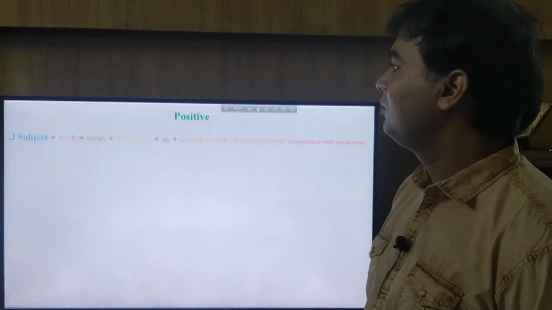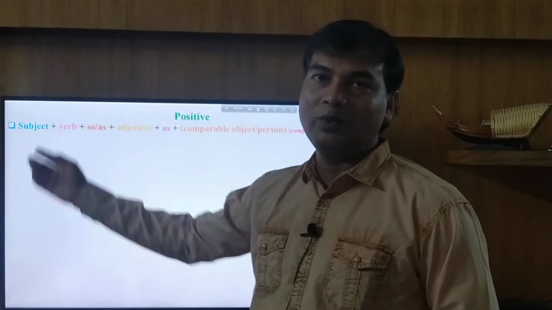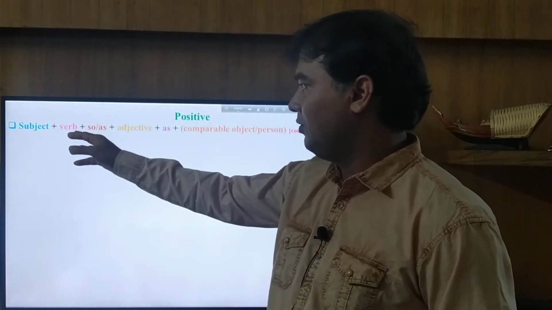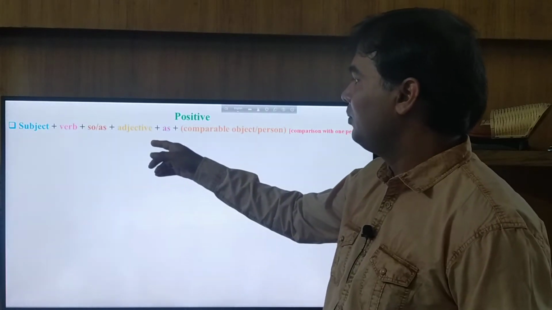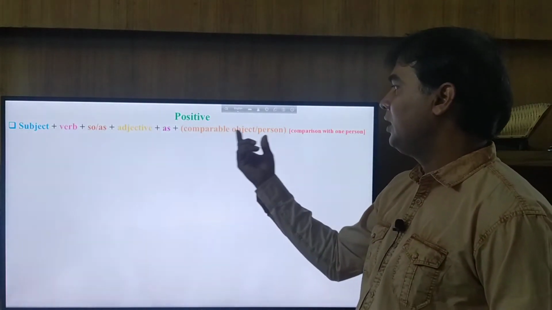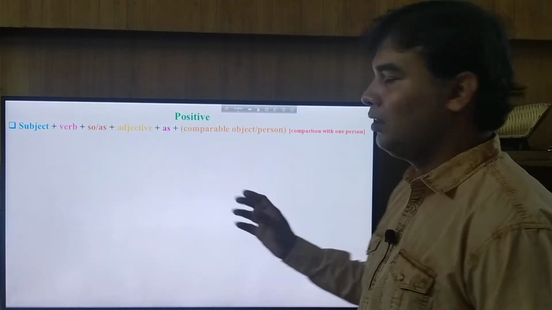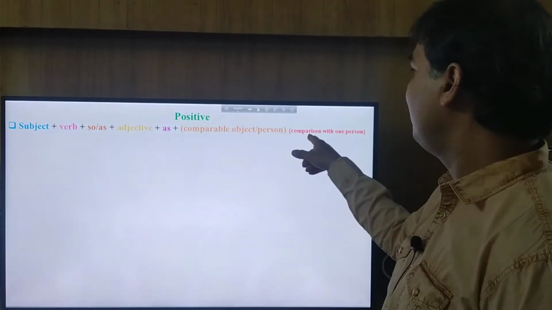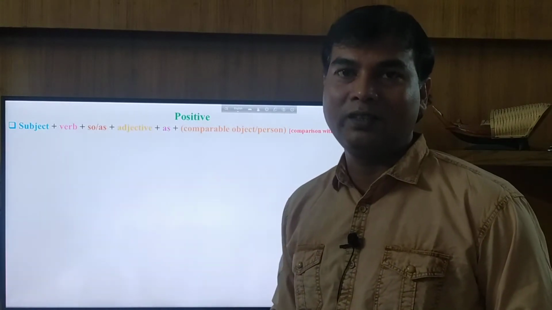Now, positive degree, and this is the basic structure of positive degree. First of all, subject and then verb, then "so" or "as", and then adjective, then "as", and then comparable object or person. Now remember, this structure is applicable if the comparison is with one person or one object.